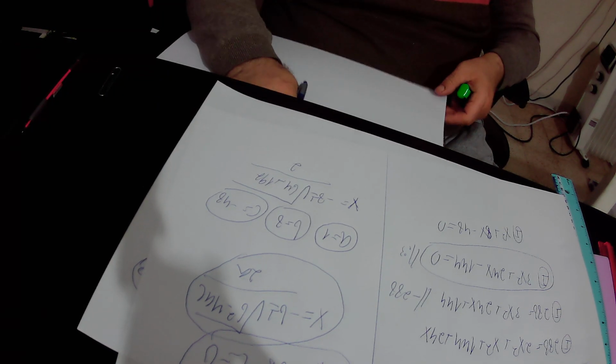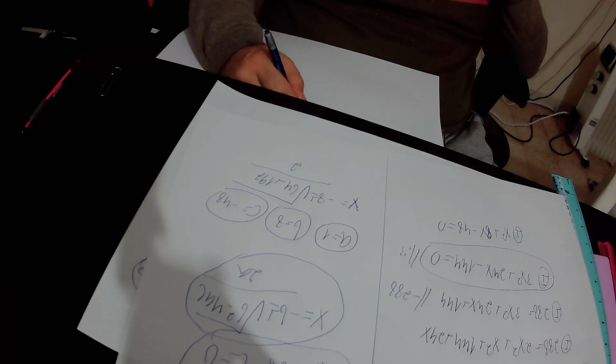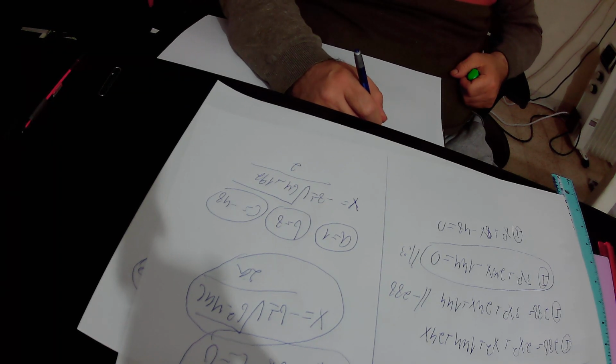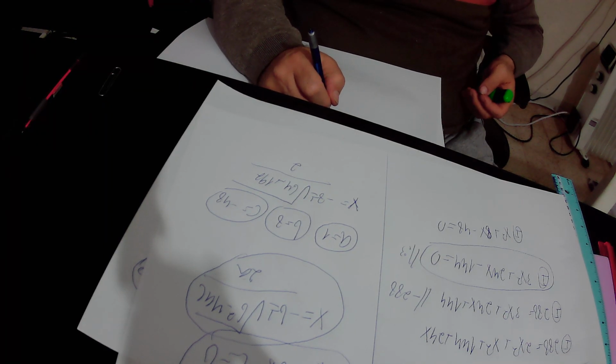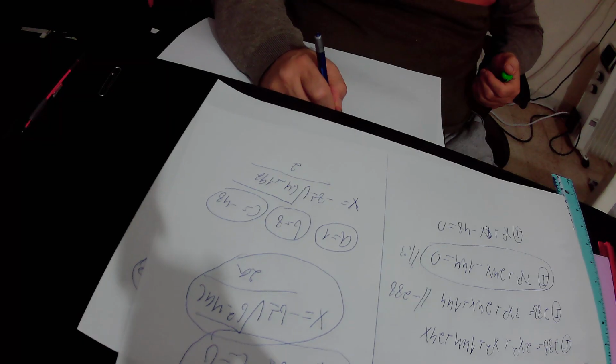So x equals minus 8 plus minus, inside the root we have 64 plus 192, which is 256, divided by 2.